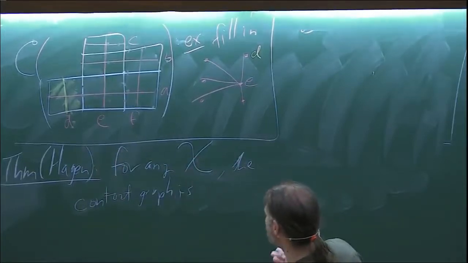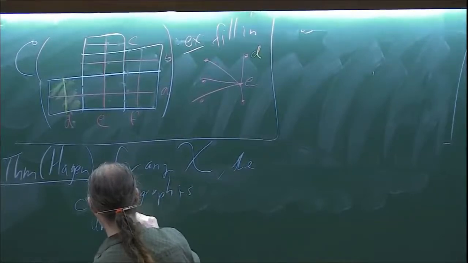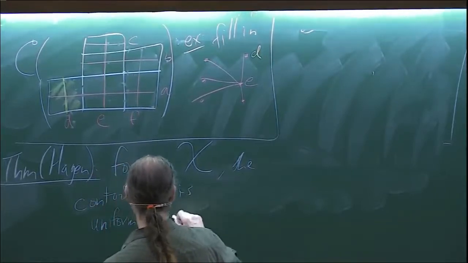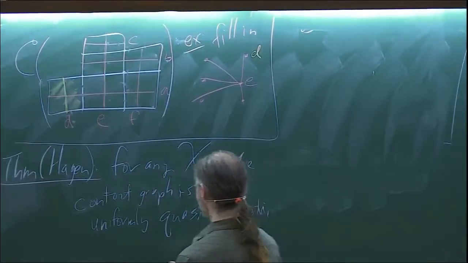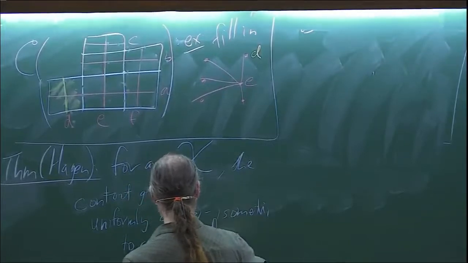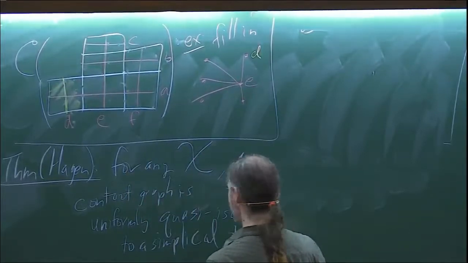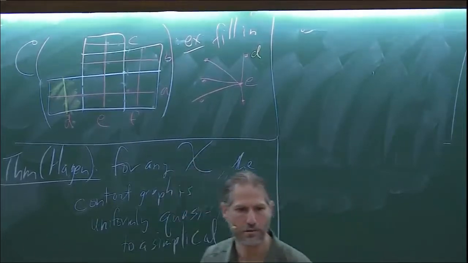In fact, it's a uniform quasi-tree, so it is uniformly quasi-isometric to a simplicial tree, with reasonably small constants. I think it's like 10-10 quasi-isometric or something like that.